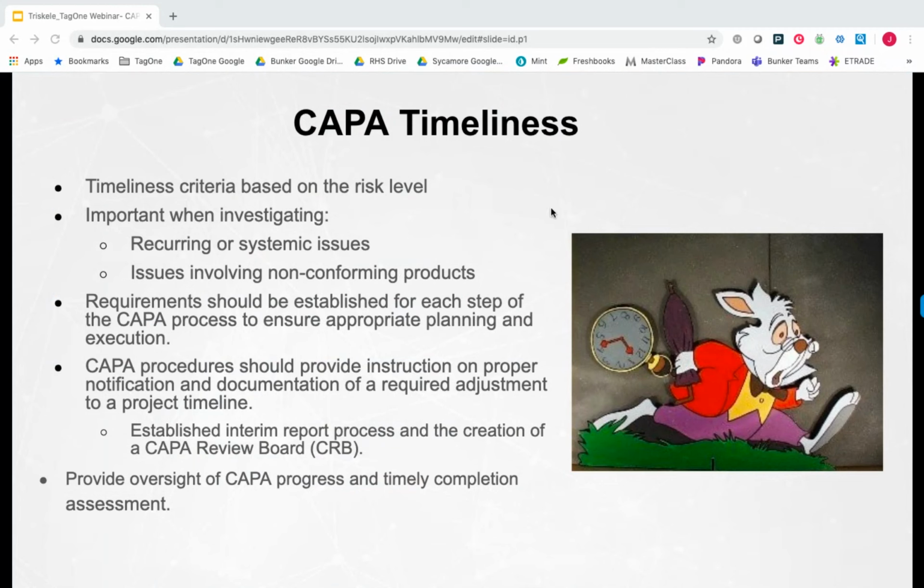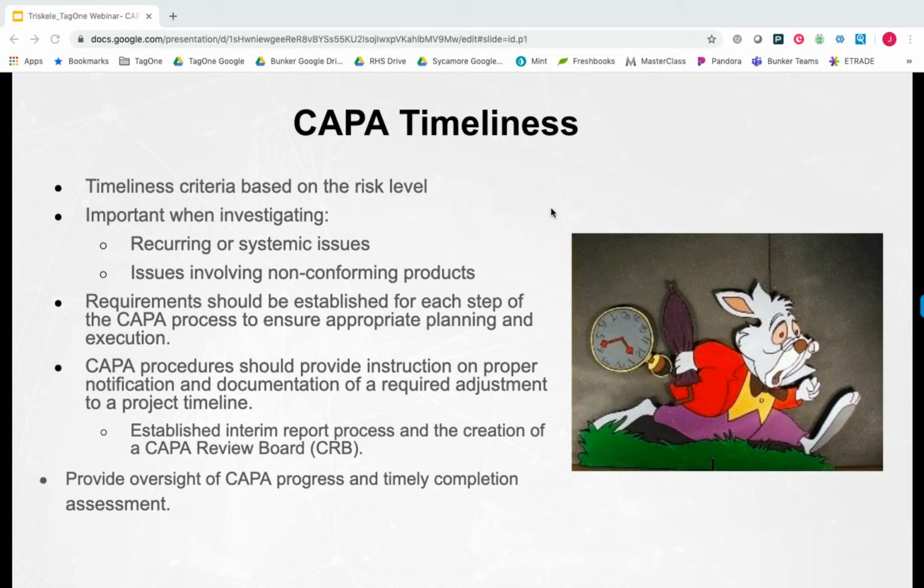So if you have a CAPA that's been open for a critical issue, let's say a product sterility failure, and you haven't resolved that issue, yet you're still making and distributing products, they're going to have a problem with that. It depends on the risk level of the issue, but if it's critical and you're not resolving it and implementing appropriate corrective actions, you can bet that an auditor is going to have an issue with that.